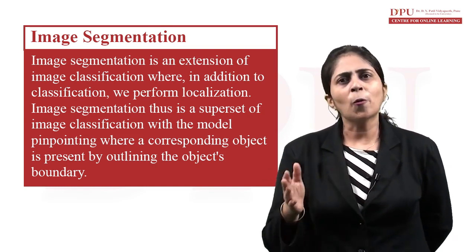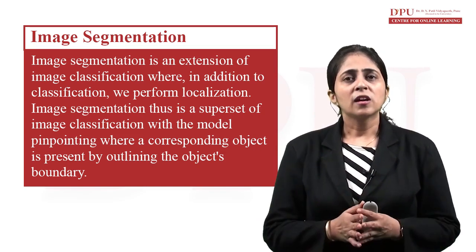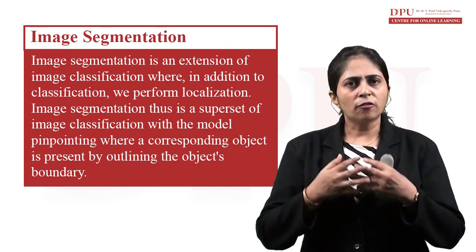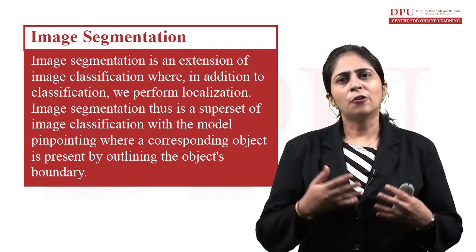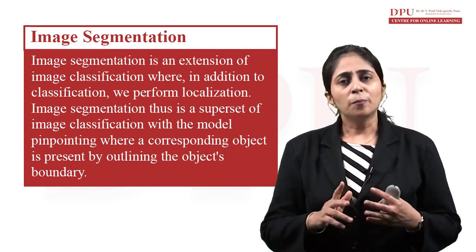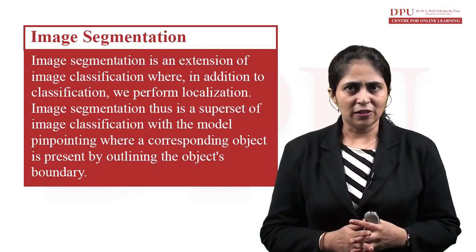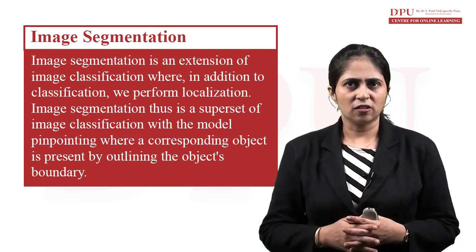Segmentation is an important stage of an image recognition system because it extracts the object of our interest for further processing, like for description or recognition. So basically, image segmentation is an extension of image classification.